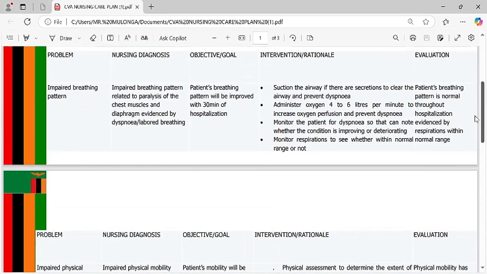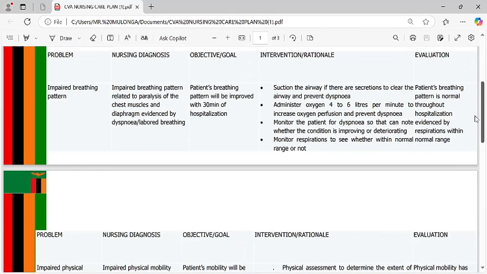From interventions, now we go to evaluation. The evaluation is: patient's breathing pattern is normal throughout hospitalization, evidenced by respirations within normal range. That's how we can evaluate.